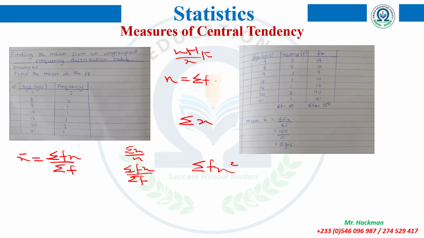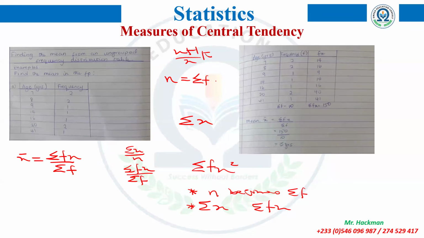So my point is, anytime you are moving from the raw to the frequency distribution table, whenever you see n, it becomes sigma f. And again, wherever you see sigma x, after your sigma you attach f, so it will be sigma fx.